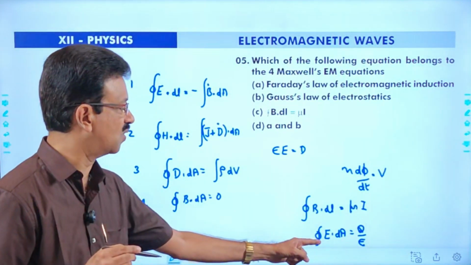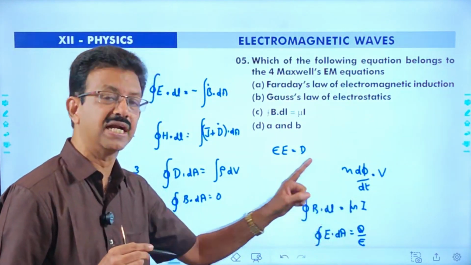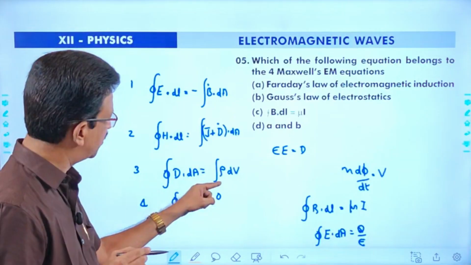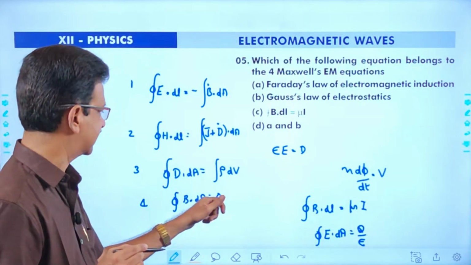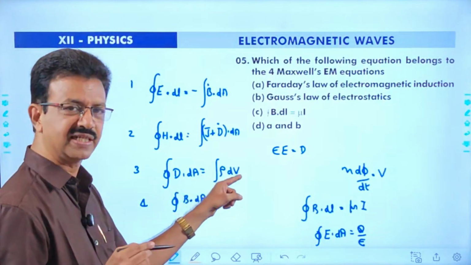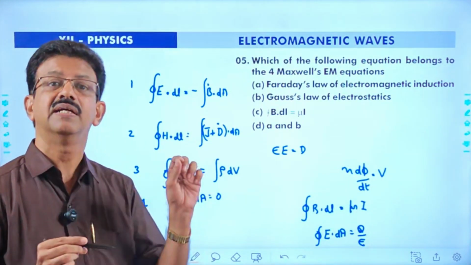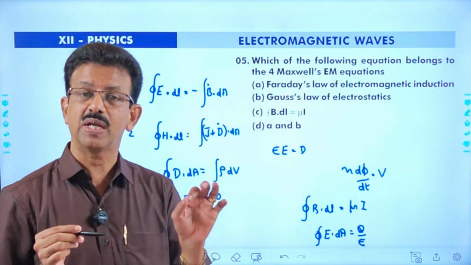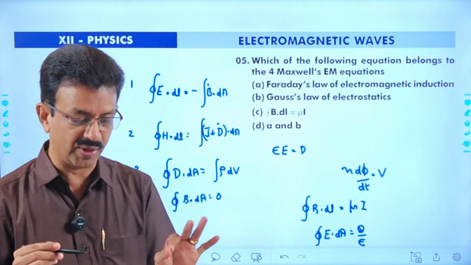Total electric flux over a closed surface is 1 by epsilon times the charge enclosed. It is given in the integral form. Charge per unit volume into volume becomes charge. That is D dot dA equal to charge, or volume density of charge into volume. Fourth one is Gauss's law of magnetism. These are all Maxwell's electromagnetic equations.